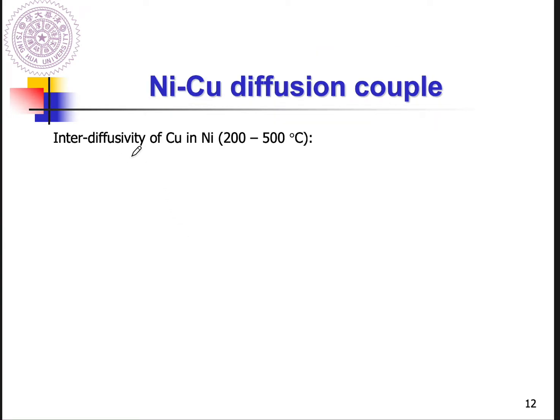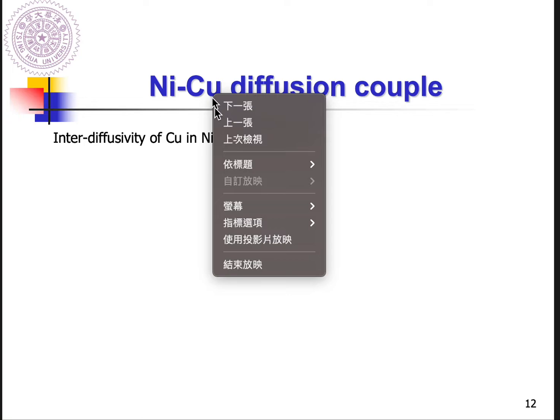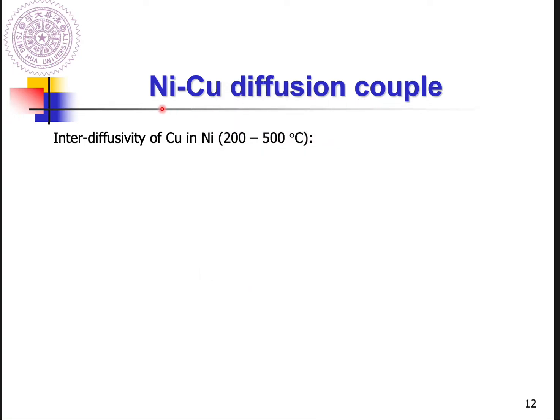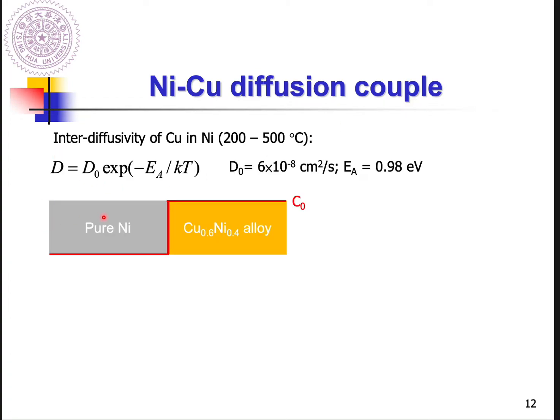Okay, so let's give you an example. Now we have a nickel-copper diffusion couple, and it looks like this.